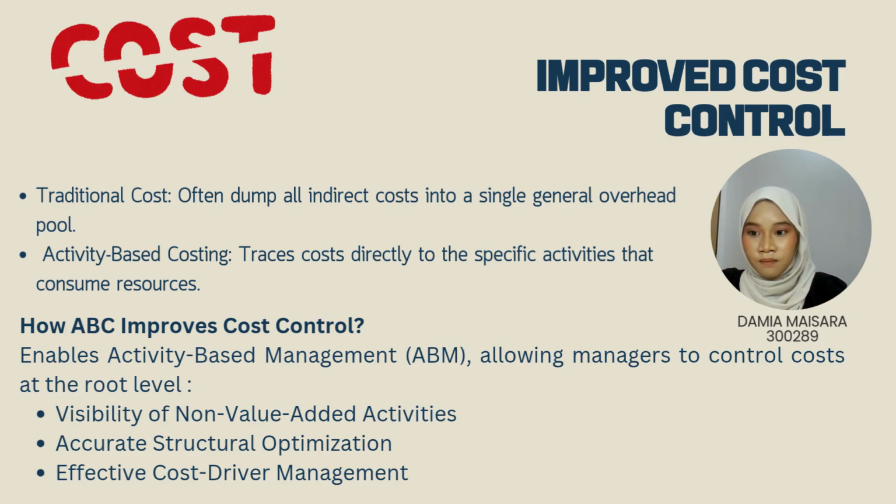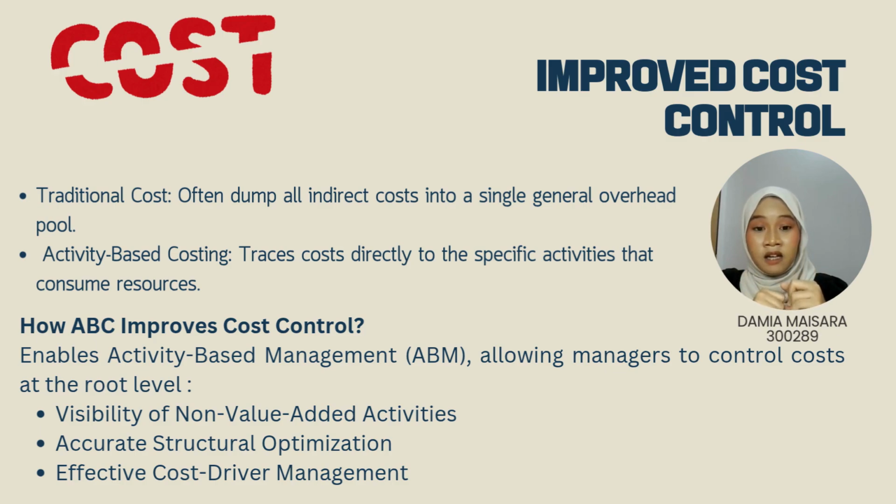So, how does ABC improve cost control? ABC enables activity-based management, which allows managers to control costs at the root level, through visibility of non-value added activities, accurate structural optimization, and effective cost driver management.